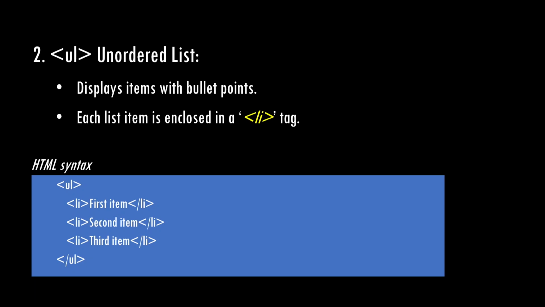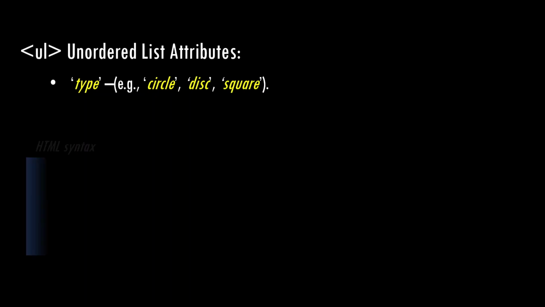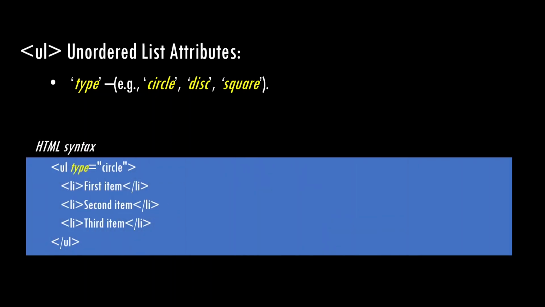Let's see what the attributes of unordered list are. Type can be circle, disk and square. Here is UL type equal to circle. So let's see some examples.